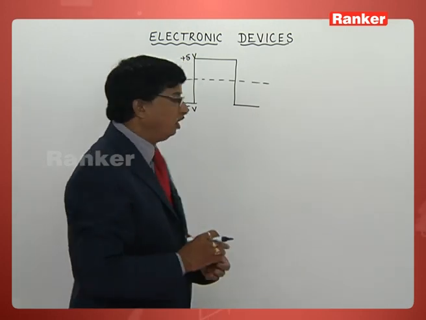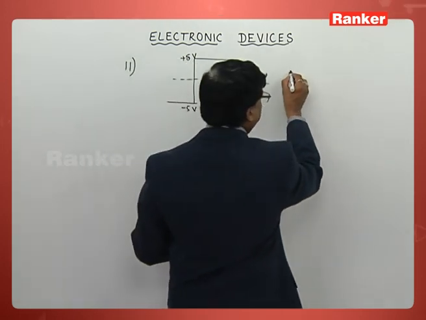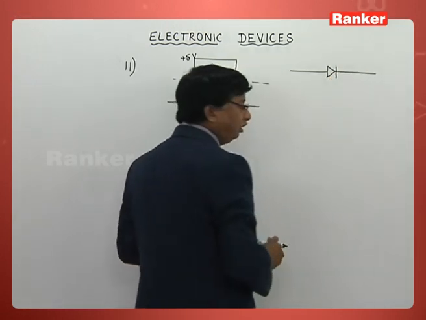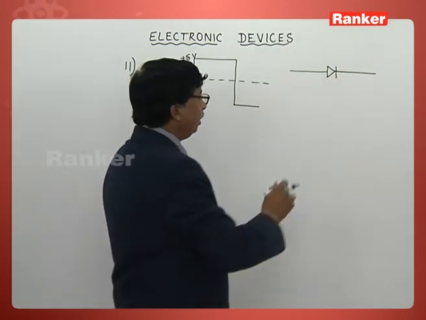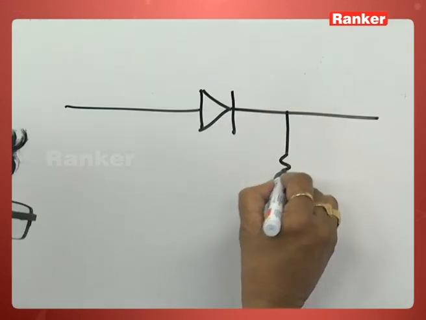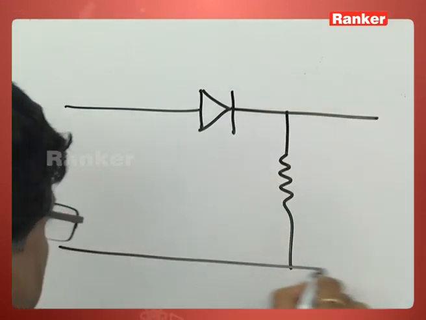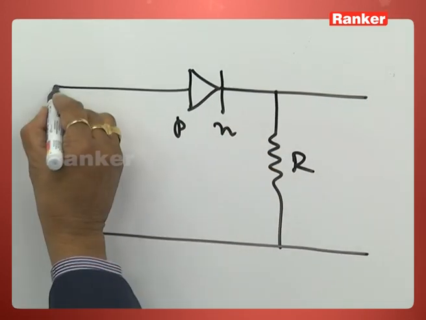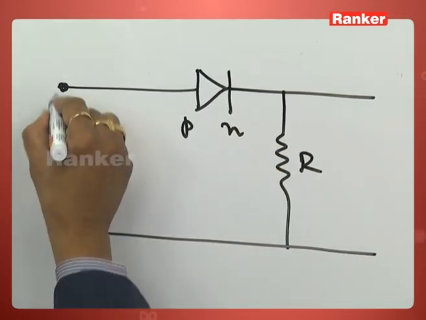Which PN junction diode? He has given even that circuit also. This is the PN junction diode he is talking about, and a resistance is connected across. This is the circuit which has been given. This is the PN junction diode. This is input.